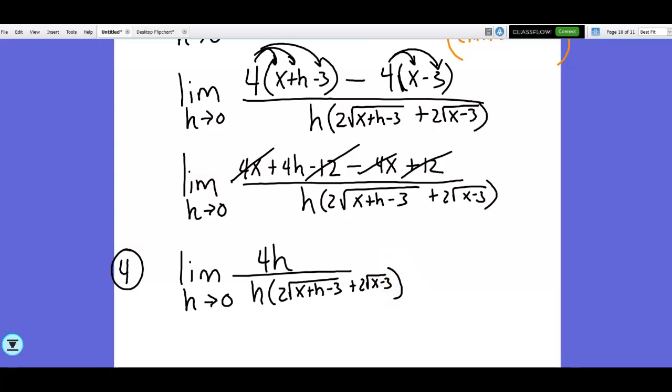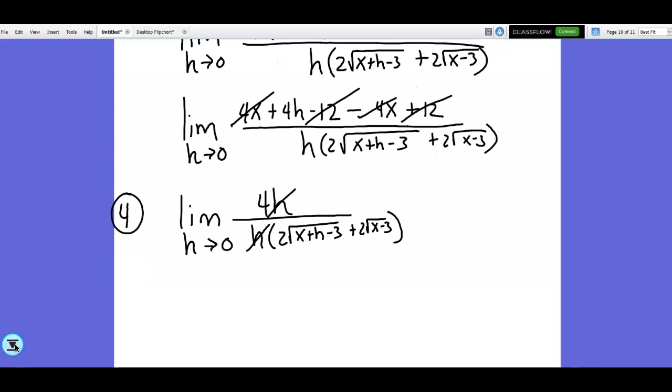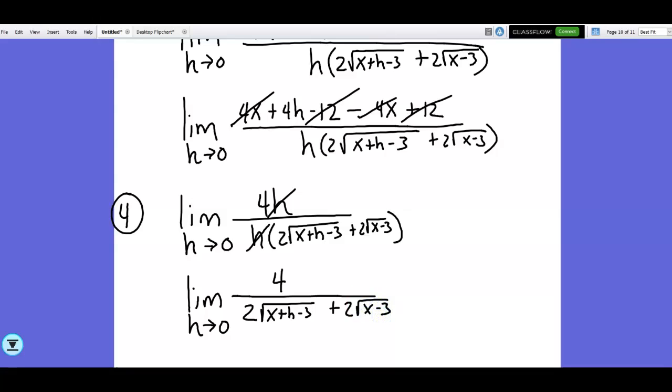So in step 4, we remove the discontinuity, cancel out the h's. And that leaves me with a 4 on the top. And then on the bottom, I have 2 square root of x plus h minus 3 plus 2 square root of x minus 3.